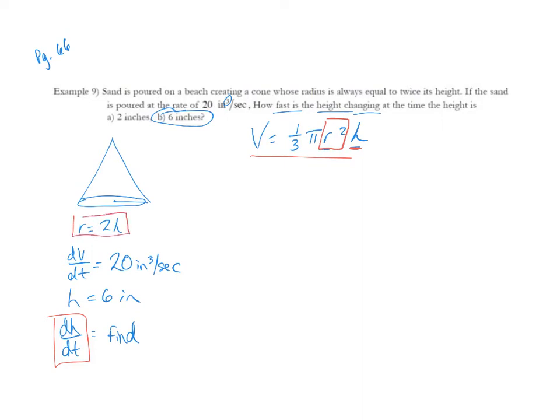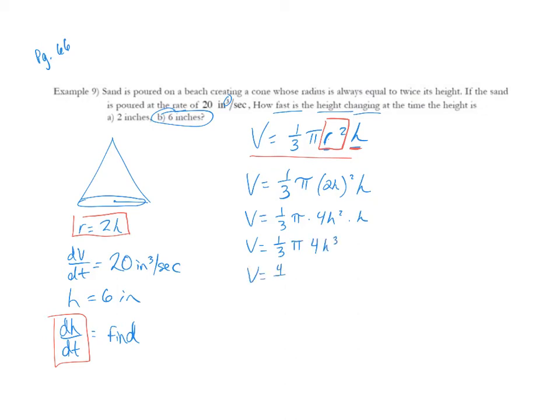Well, this is very fortunate for us because the information that they gave us about r was related to my height. So instead of having r that's being squared, I'm going to square what r is equivalent to, which is 2h. So now I have a volume function that is completely dependent on my height.